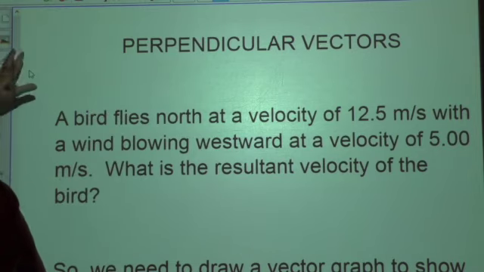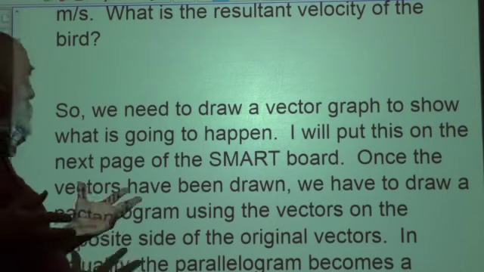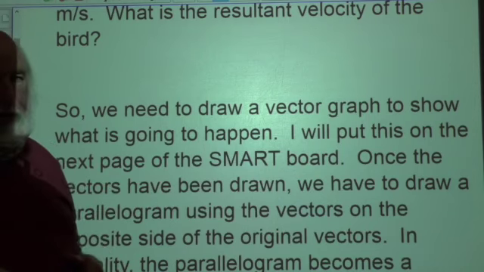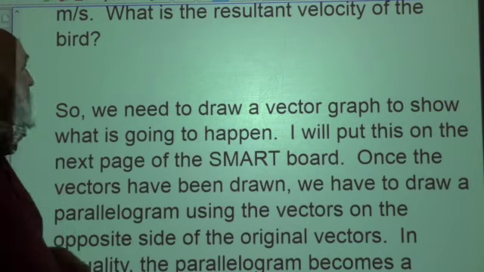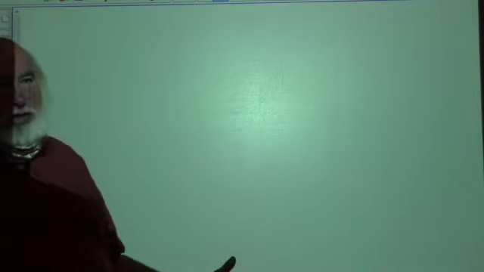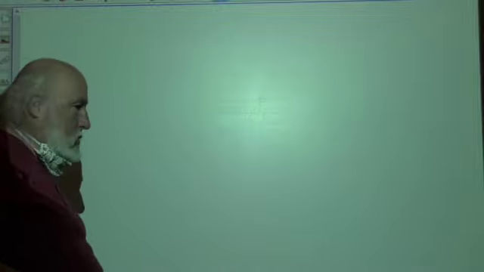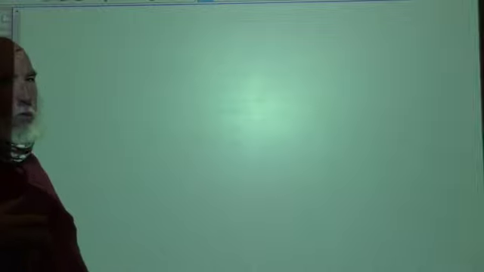All right, so in order to understand this, we need to draw a vector graph to show what is going to happen. This is a really good idea in solving problems, so that if you're drawing halfway decent, which I'm 50% capable of doing, you can get a decent idea of what approximately the answer is going to be.